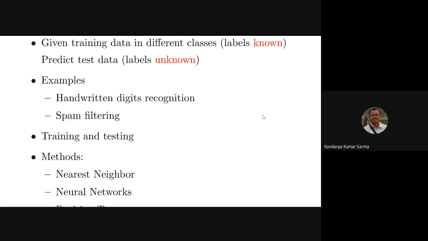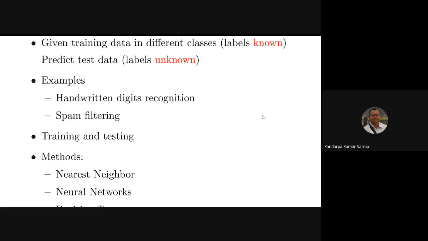Then you need to have data for different classes, but we need to have labeled data. Then once we can train and generate the support vectors, we can take the test data to do the prediction.